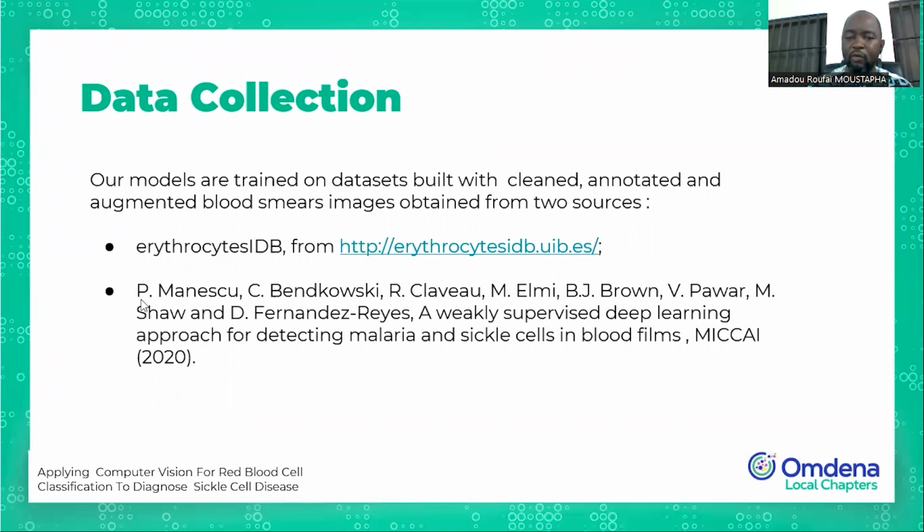And from all the work done by the persons who are seated here, the project is about a weakly supervised deep learning approach for detecting malaria and sickle cell disease in blood films in 2020. So we collected those data and formed our data set after cleaning and annotation.